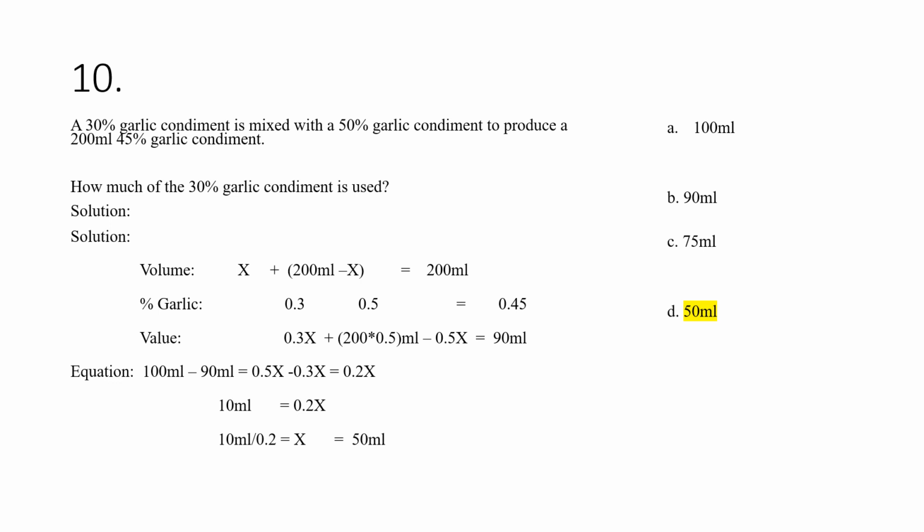So the resulting equation will be 100 ml minus 90 ml, that's equal to 0.5X minus 0.3X, or 0.2X. Therefore, X will be equal to 10 ml divided by 0.2, and that will give us 50 ml. So this is the last item.